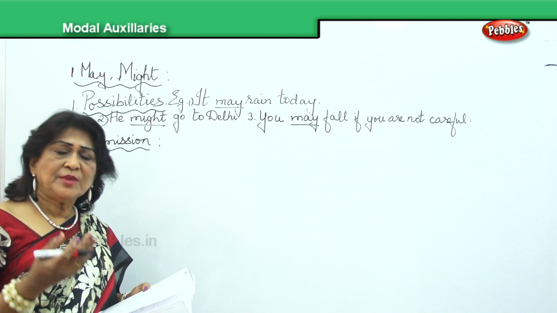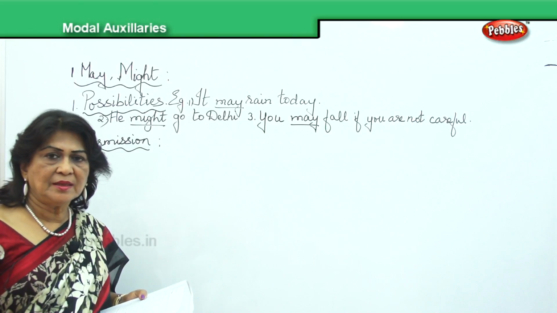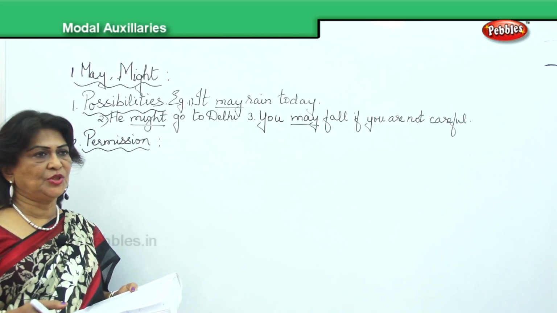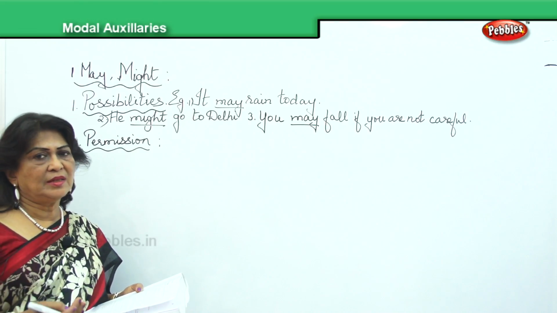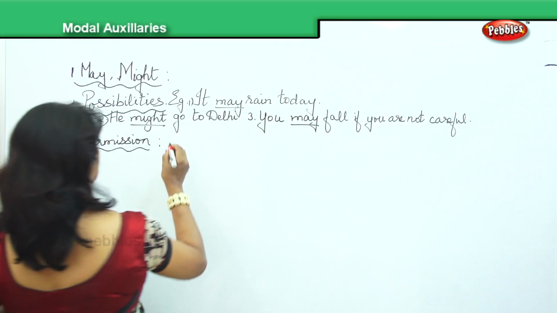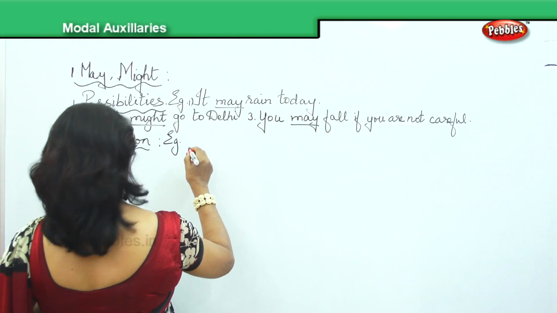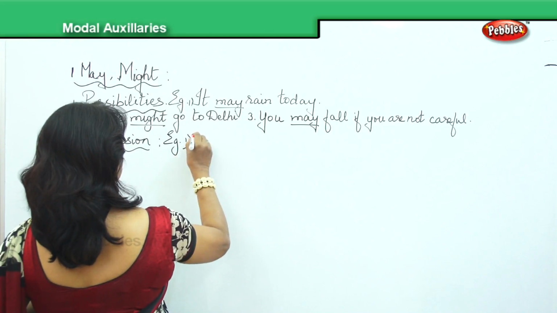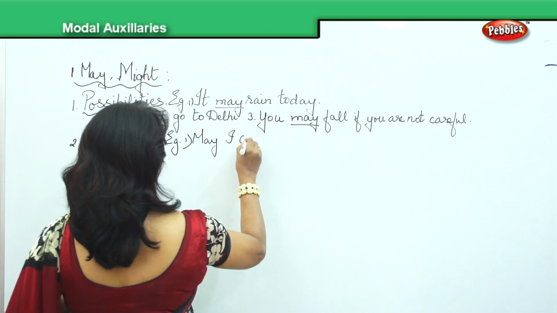Oh, madam, may I come in? Or may I be seated? So, all these are permissions. May I go home a little earlier today? All these are asking for permissions. May I come in?